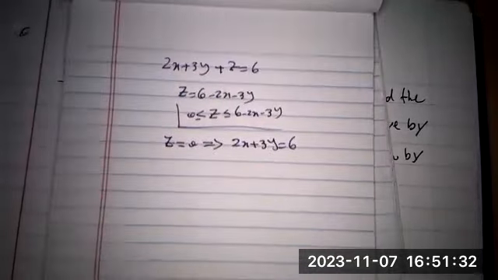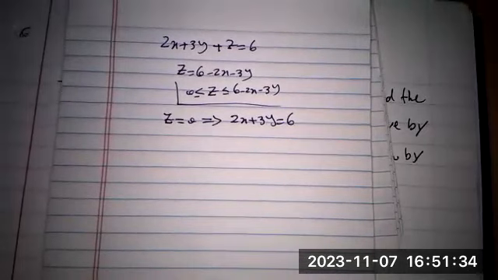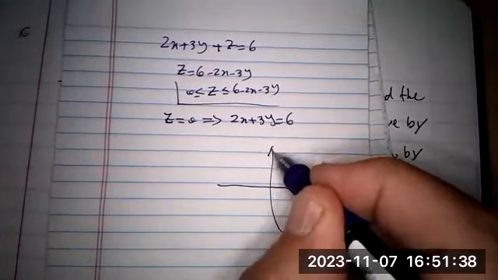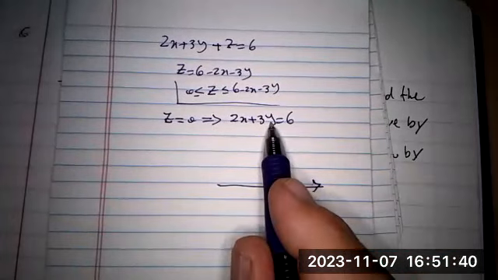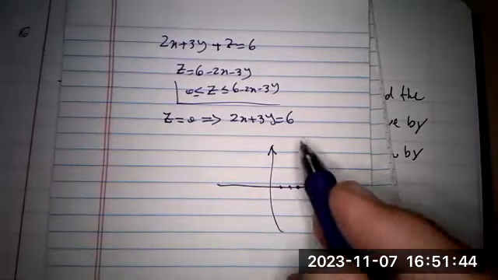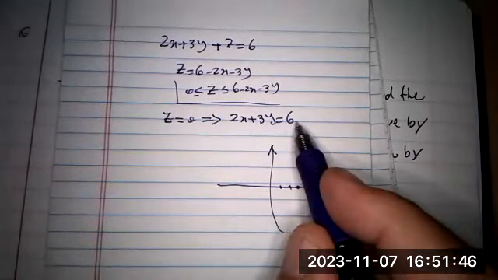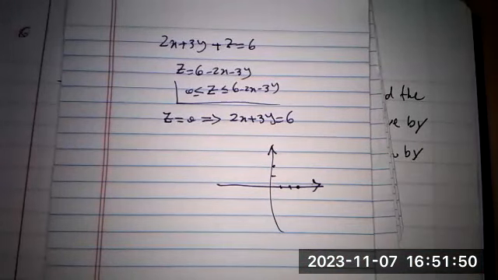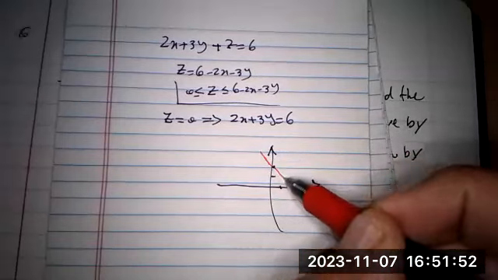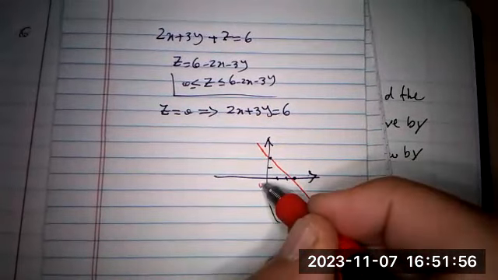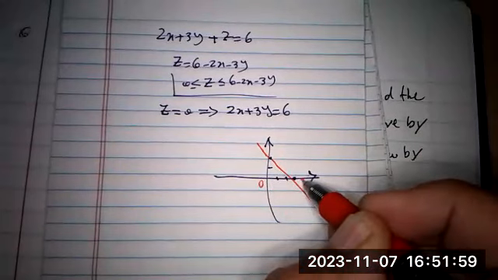Now you are in two dimensions, and you have to draw this line using the intercepts. If you let y equal 0, x would be 3. If you put x equal to 0, that gives you 2. So this is going to be the region in two dimensions, with 0 and 3 on the x-axis.